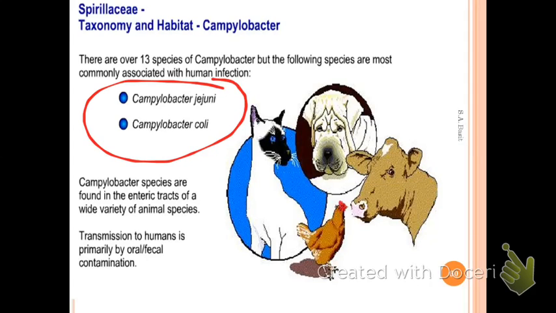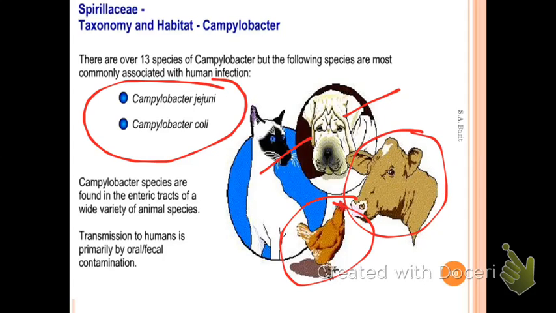And of course, not to be left out would be Campylobacter fetus. Campylobacter are zoonotic infections, which means that you could possibly get it by interaction with dogs, cats, especially chickens and cattle. Transmission to humans is primarily by the oral or fecal route.